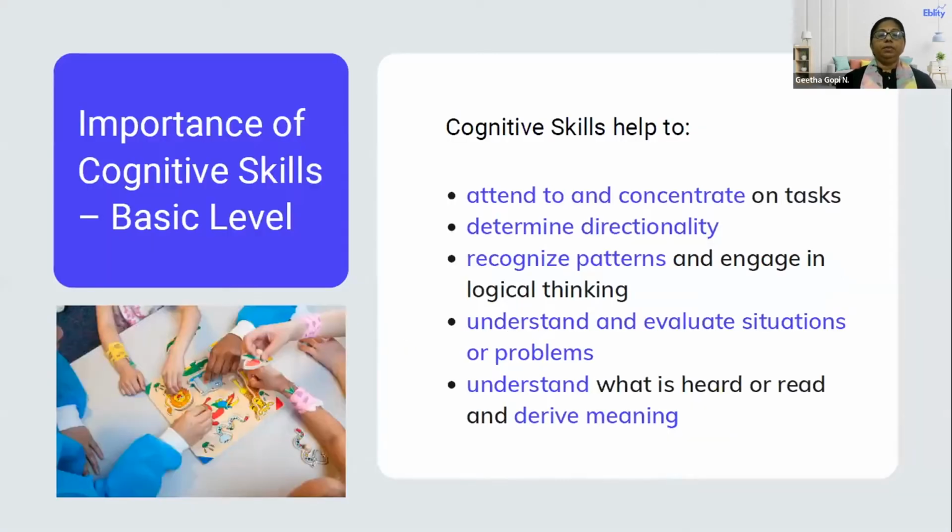So when you look at some of the cognitive skills at the basic level, what are these cognitive skills meant to do? How do they help us go through life? First and foremost, we are hit by a lot of sensory stimuli in our environment. We take in a lot, we see, we hear, we feel, we touch. All the sensory modalities are bombarding us with a lot of information from our environment.